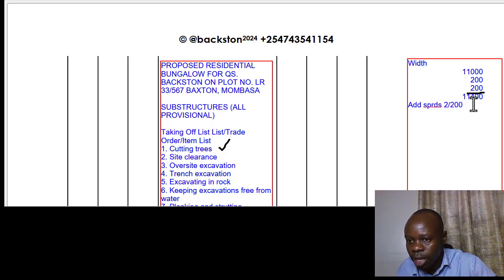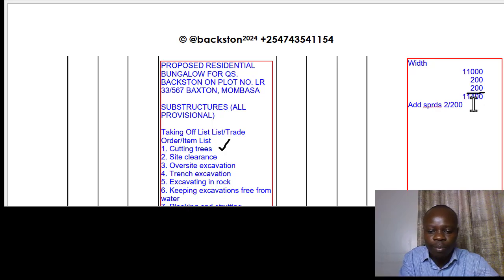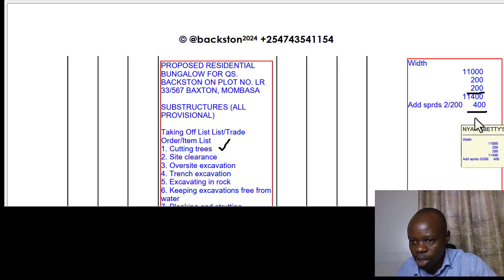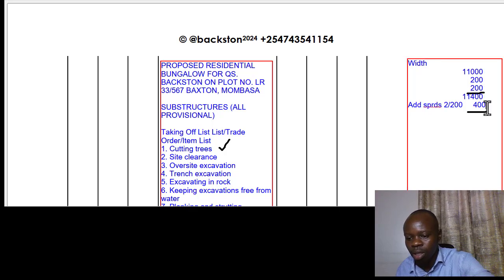So in this case, that is another addition of 400. So once you have the 400, then you add to 11,400. Okay, so let's see what that comes to. That comes to 11,800 as the width.